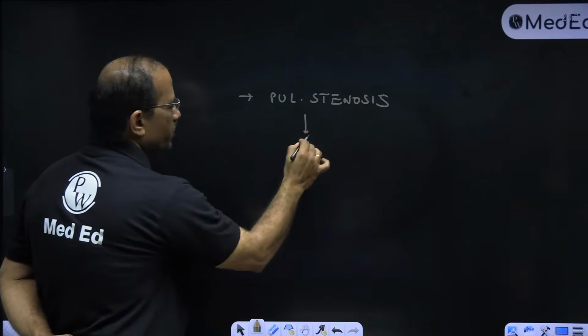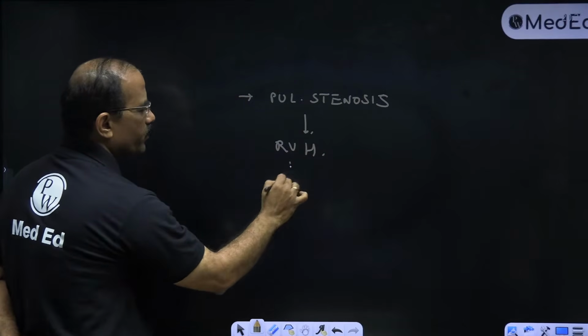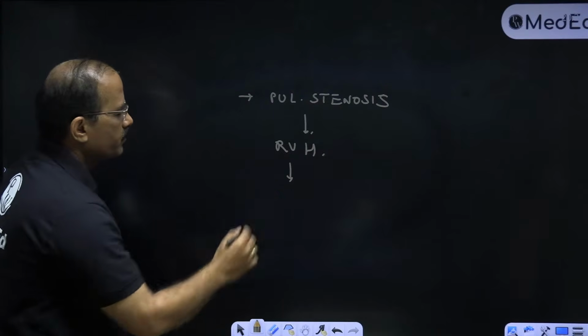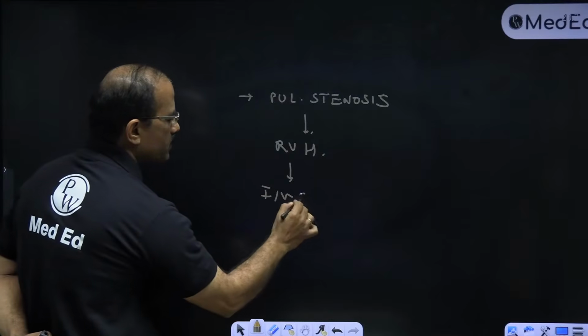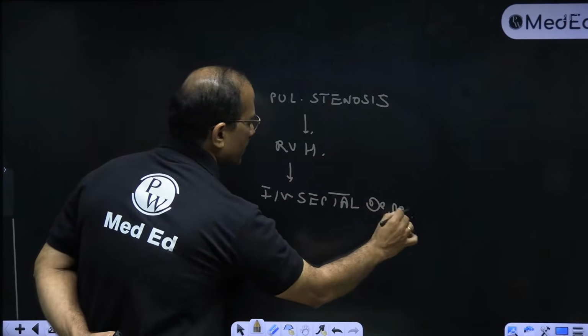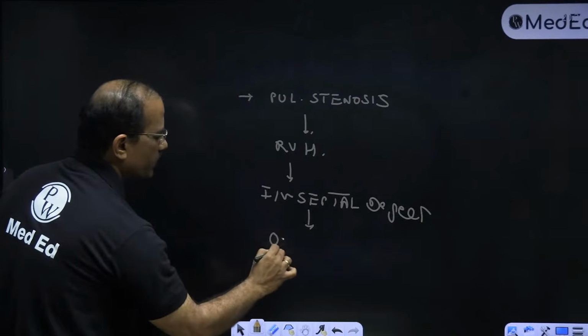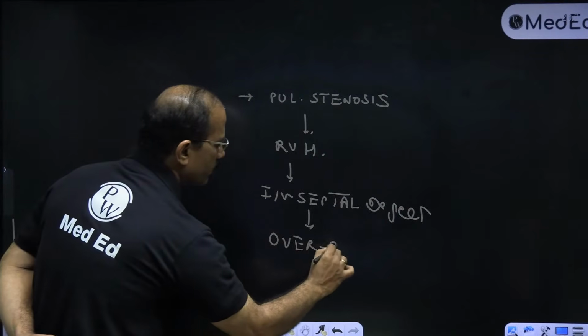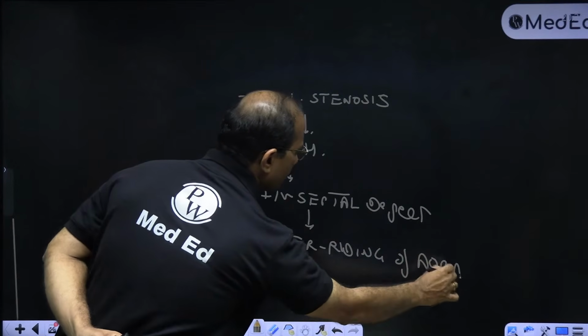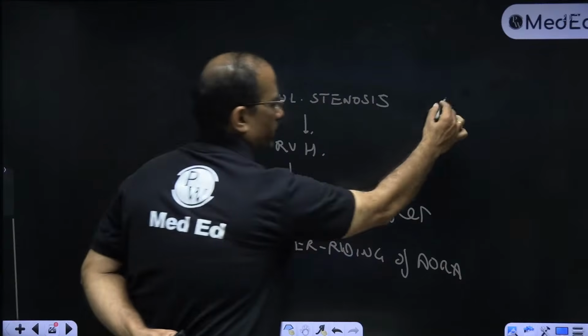Pulmonary stenosis हो गया तो right ventricular hypertrophy होता है. Right ventricular hypertrophy हुआ तो there's an interventricular septal defect. And अगर interventricular septal defect हुआ तो overriding of aorta होता है. What is this known as?